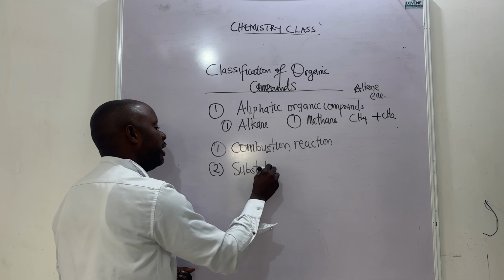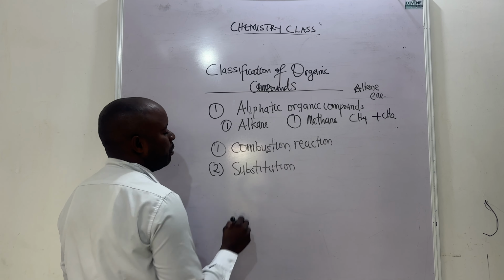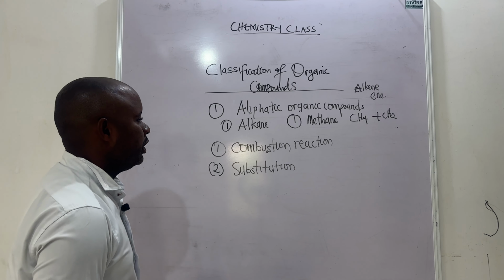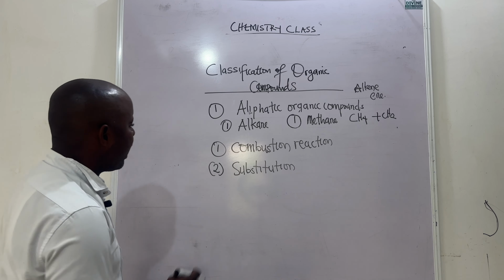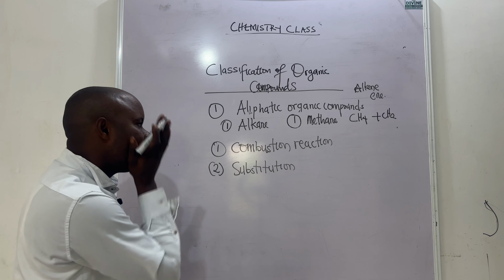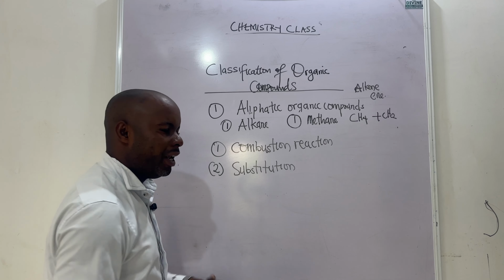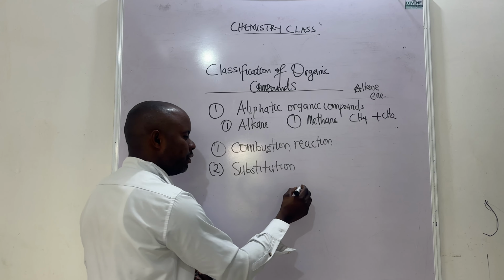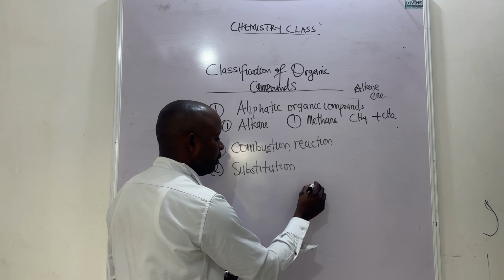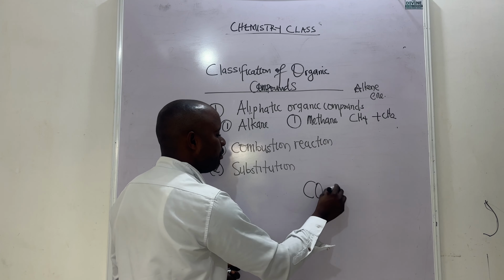Because they are saturated, the hydrogen can be replaced automatically with any halogen. If we have a combustion reaction, all hydrocarbons, when they burn in excess air, give two major products, CO2 plus water.